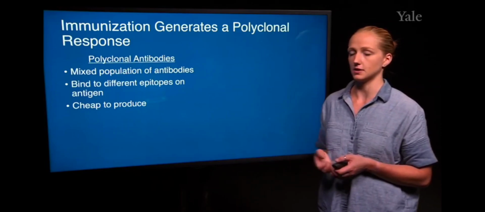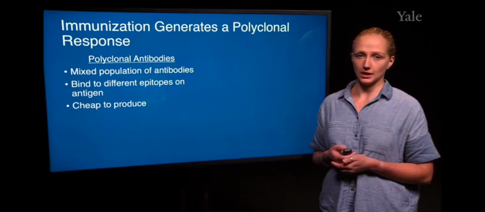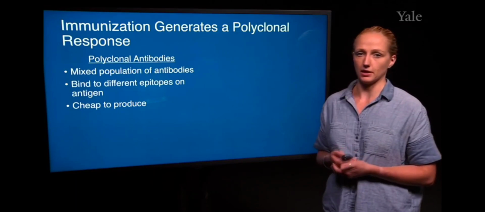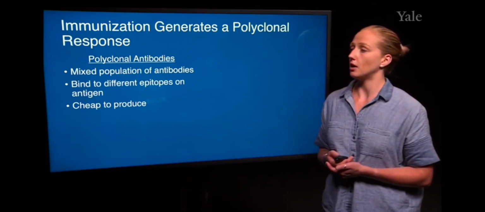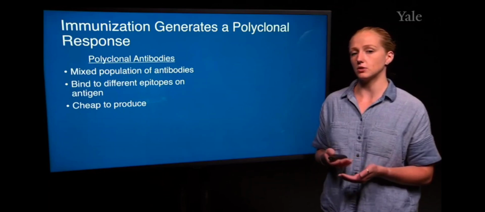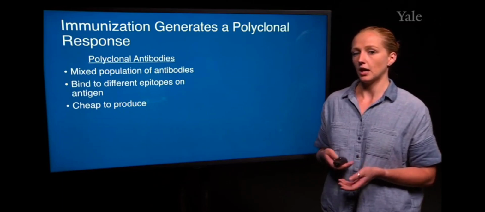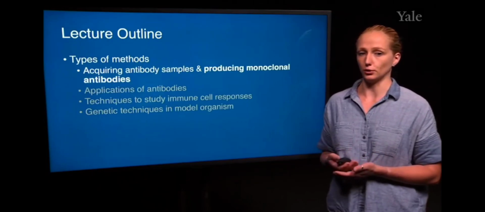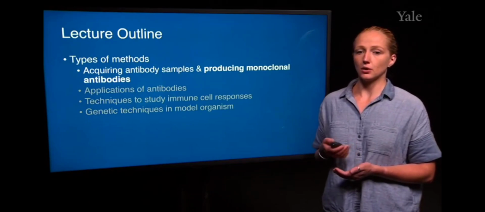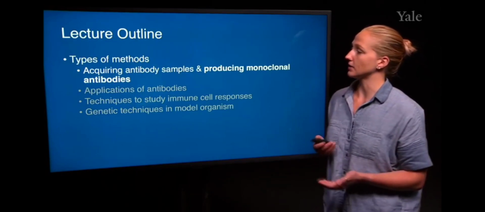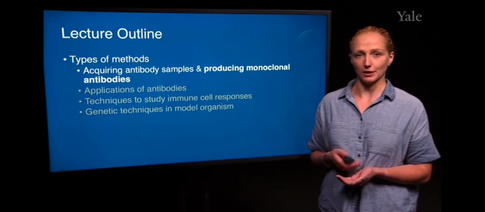However, in the clinic for clinical applications or in the lab, it's sometimes important to use a different sort of antibody. And by that, I mean monoclonal antibodies. This is a little bit different from what we've just been talking about, but it's based on a very similar concept.